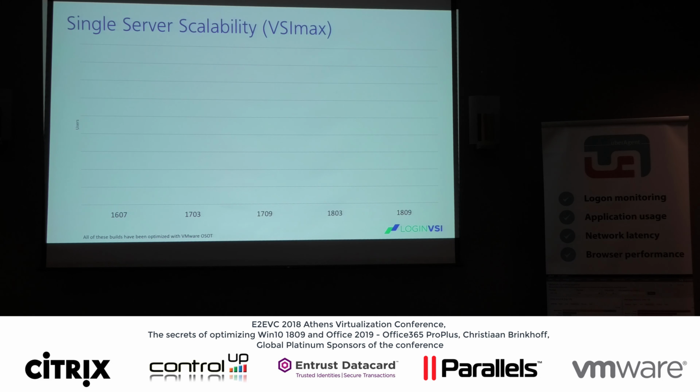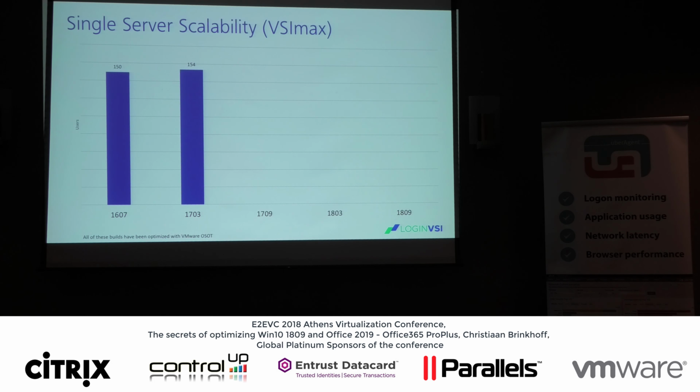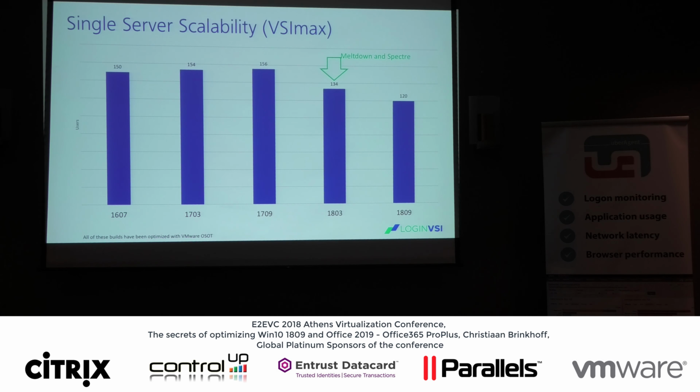So looking at all the different builds of Windows 10, starting with 1607, 1703, 1709, and then the 1803, and now the newest one, 1809, you see a degradation. And the first one is obviously because of Meltdown and Spectre, so those are the patches that were needed to solve that vulnerability in that process of Intel, but more on that later on.